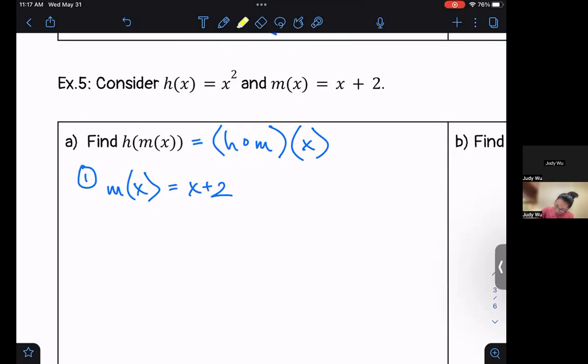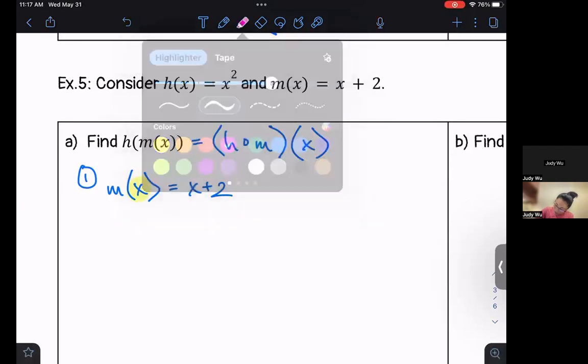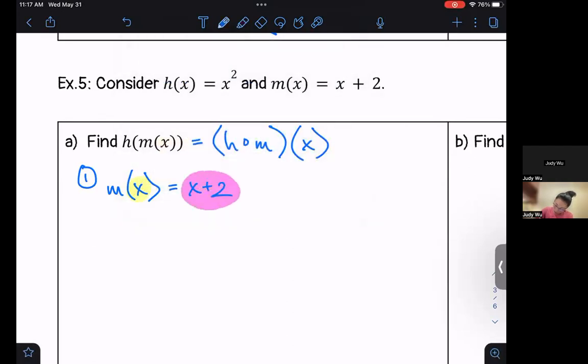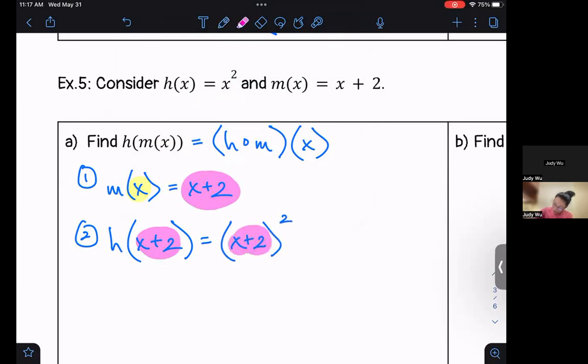So when I plug in x, what comes out is x plus 2. Now I'm going to take that x plus 2 and I'm going to put that into the h function. Right? So that means that instead of having h of x equals x squared, I'm having h of x plus 2, x plus 2 squared. Okay.